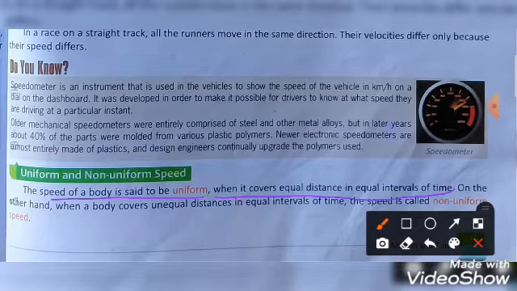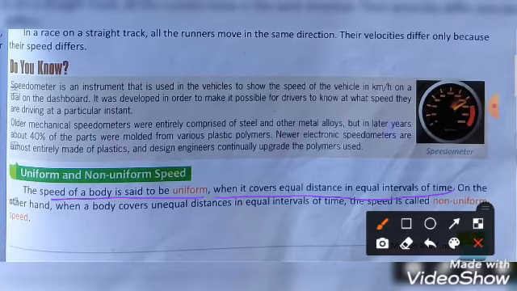To cover 50 meters, you spend 10 minutes. Today you spend 10 minutes to reach school, tomorrow also you spend 10 minutes, and the next day also you spend 10 minutes to reach school. That means you spend 10 minutes to cover 50 meters every day. That means your speed is uniform.